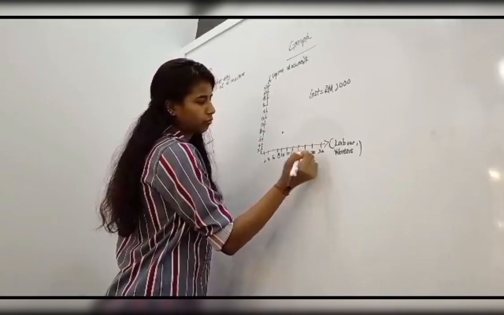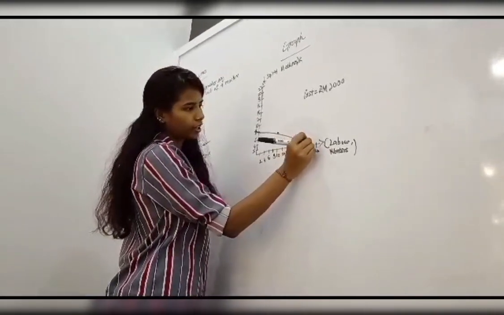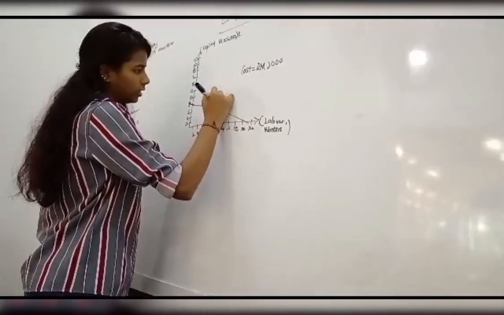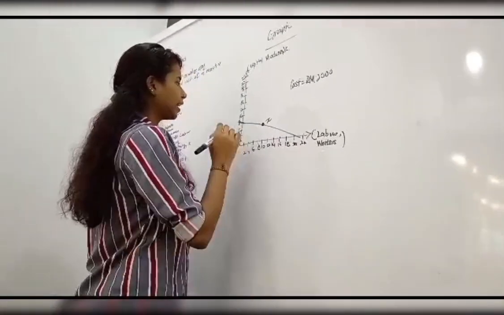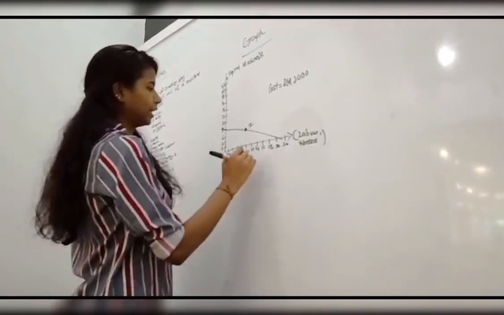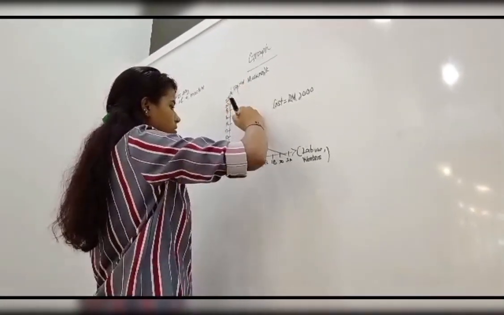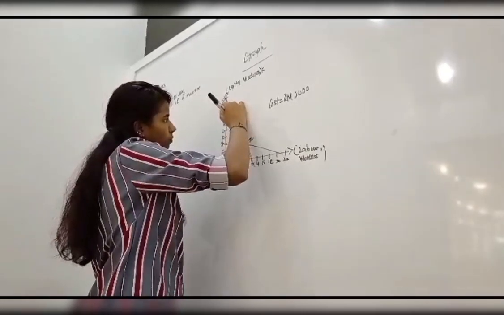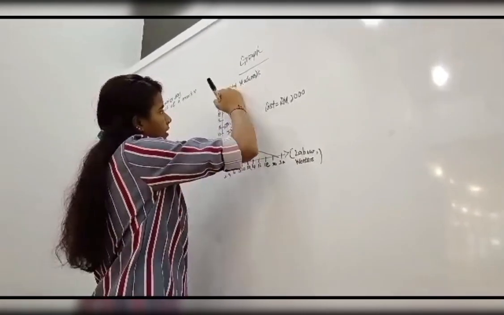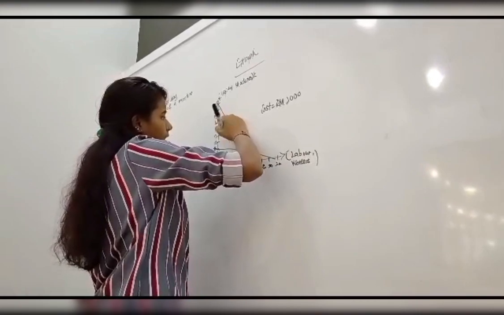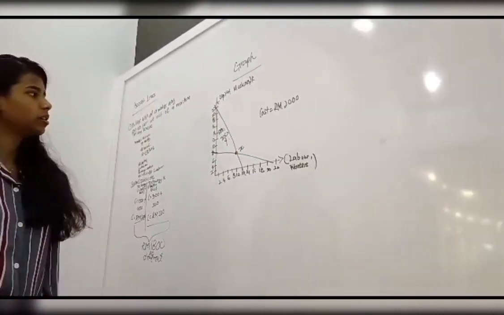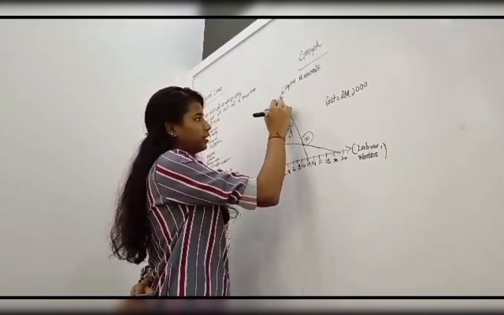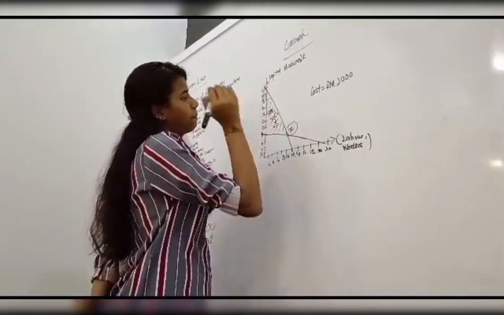Okay, here is X, and then here is RM 200, which is this one is Y.